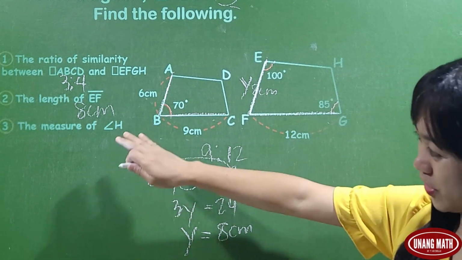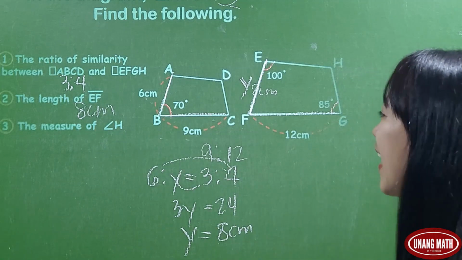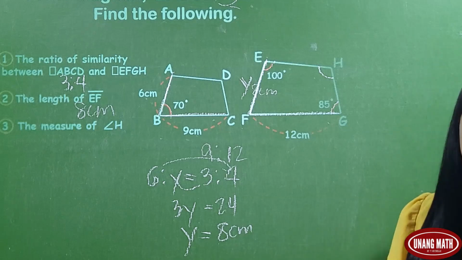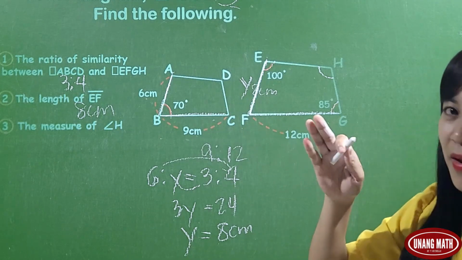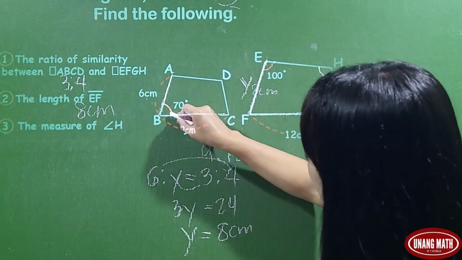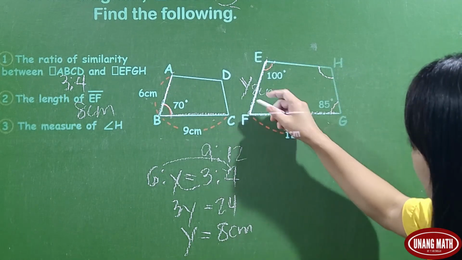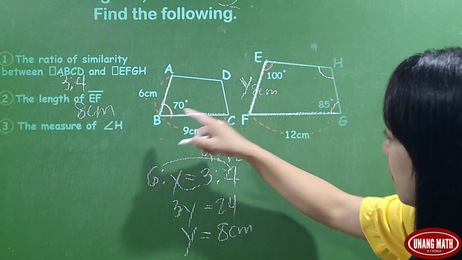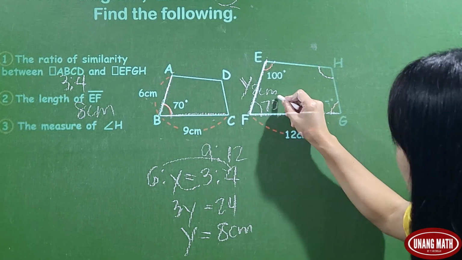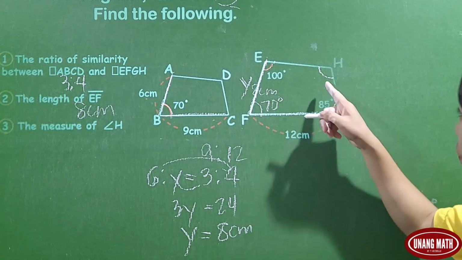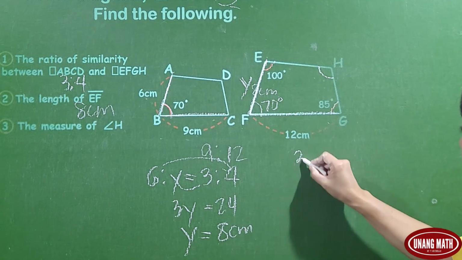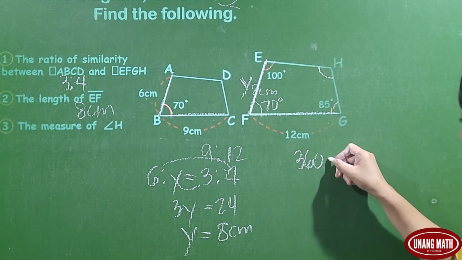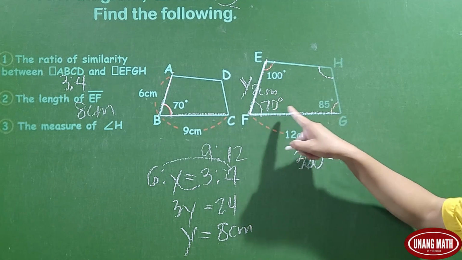For the last question, what's the measure of angle H? Where's angle H? This angle. These are similar figures. If this is 70 degrees, then point B corresponds to point F, so this is also 70 degrees. To find this angle, the quadrilateral's total angle measure is 360 degrees minus the sum of 70, 100, and 85.